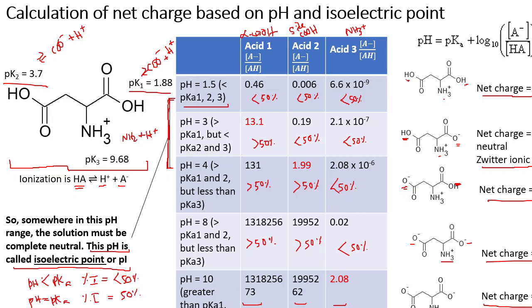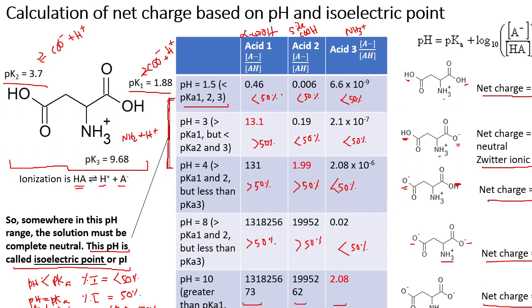If the pH is more than pK, the percent ionization is over 50%. That is something we calculated in the last class, and we proved it using the Henderson-Hasselbalch equation calculation.